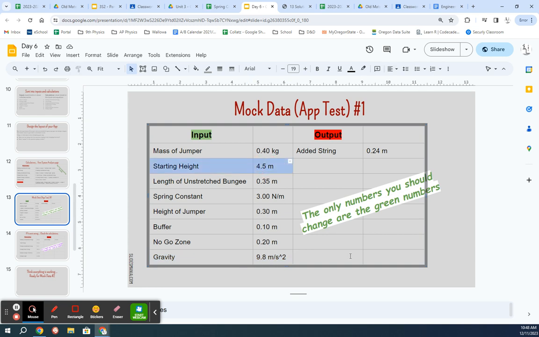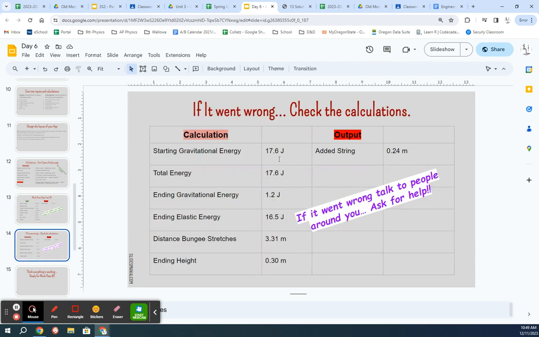So if it multiplies those three things together, that's the value that it should get. And if yours is getting something other than that, again, check the formula, check the input, make sure that your values are calculating correctly. But what you should be getting is 17.6 or 17.64, but it should probably round that off for you.